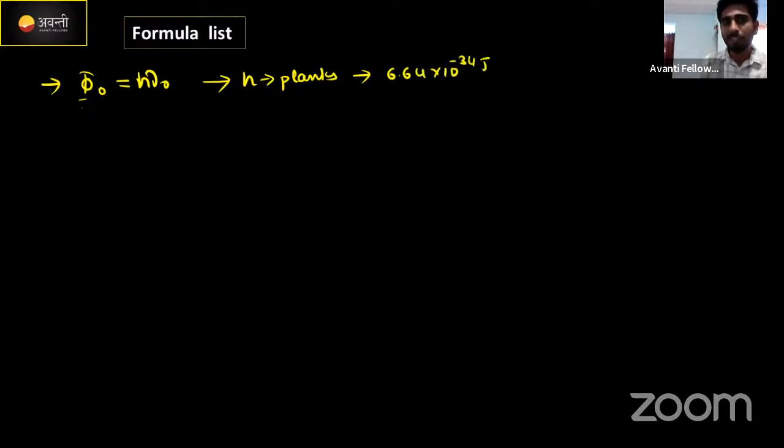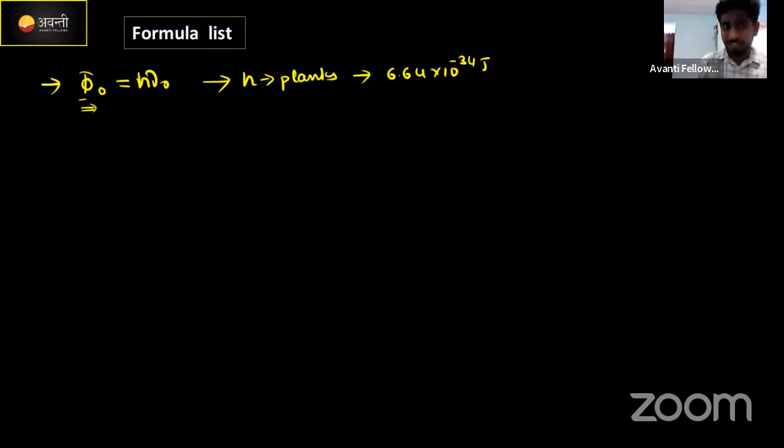It is energy only, h nu naught, where h stands for Planck's constant, 6.64 into 10 to the power of minus 34 joule-seconds.